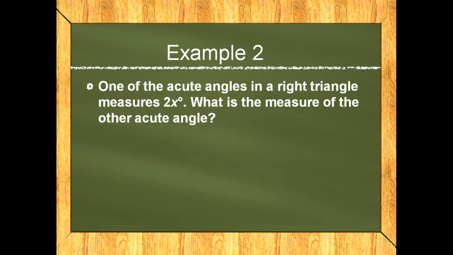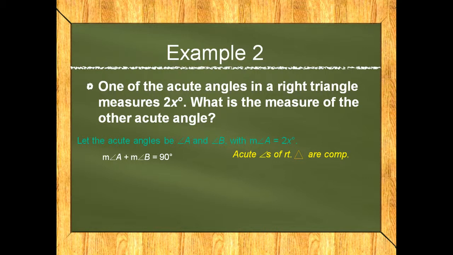One of the acute angles in a right triangle measures 2x degrees. What is the measure of the other acute angle? Well, let's let the acute angles be A and B, and the measurement of A is 2x degrees. So the measurement of A plus the measurement of B is 90 degrees.